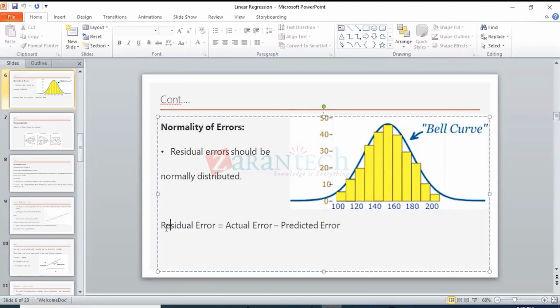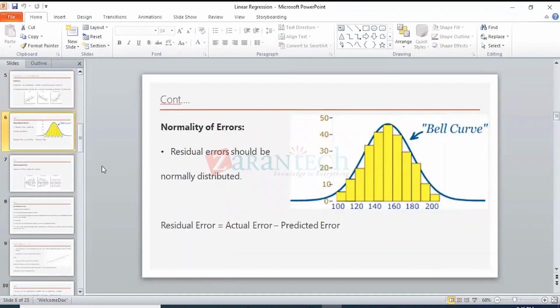A residual error is nothing but my actual value versus my predicted value. So when I plot this, it should look like this. Okay, clear? Guys, clear with the second assumption?